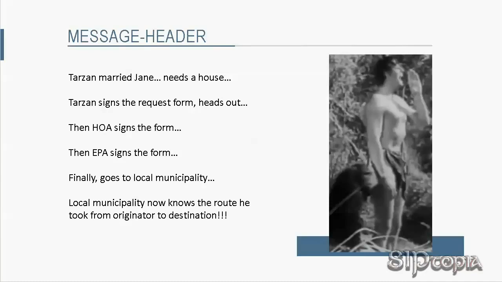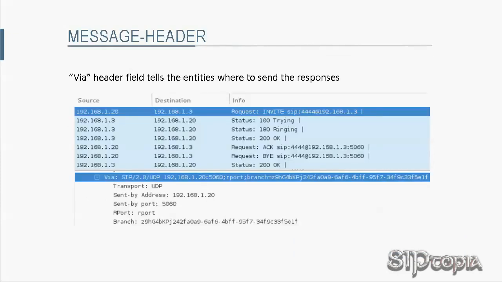Similarly, the final destination of the SIP message sees the Via entries and knows the transportation the SIP message used from originator to destination. Since the entities in this SIP communication all know where they got the request from, they can now send their responses to the respective entity. In other words, the Via header field tells the entities where to send their responses.